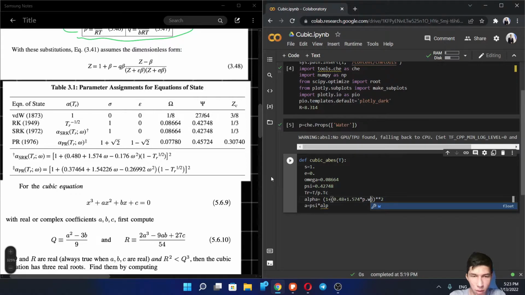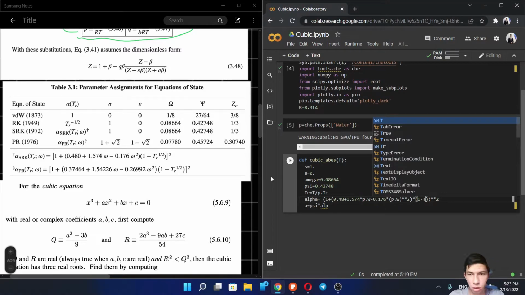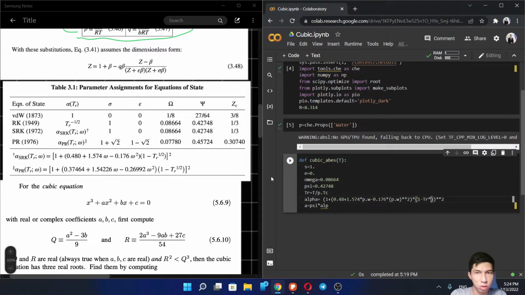And minus 0.176 multiplied by omega squared. So this is the specific omega value for water, and we have it squared. And here we'll multiply this by 1 minus temperature reduced, right, to the power of 0.5.